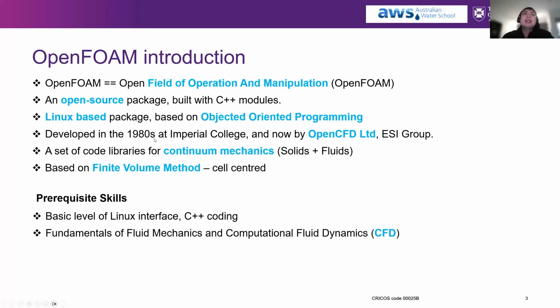OpenFOAM was developed in the 1980s at Imperial College, and is now continuously developed by OpenCFD. Between 2D and 3D, 2D modeling is normally based on the finite difference method, and 3D modeling is mainly based on the finite volume method.